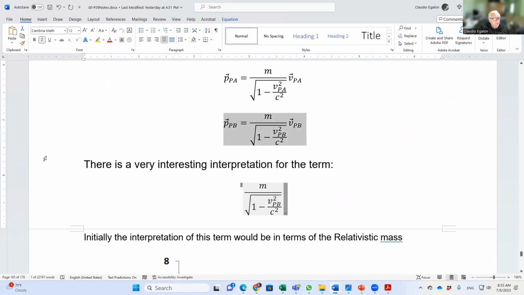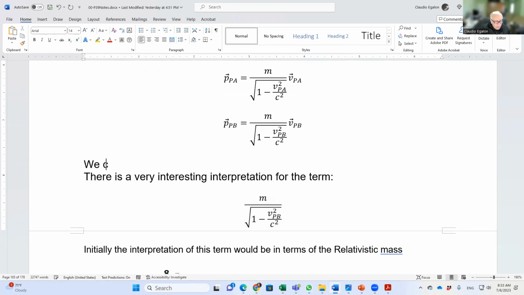And that's what gets conserved in special relativity. This relativistic linear momentum, we call the above term the relativistic linear momentum.